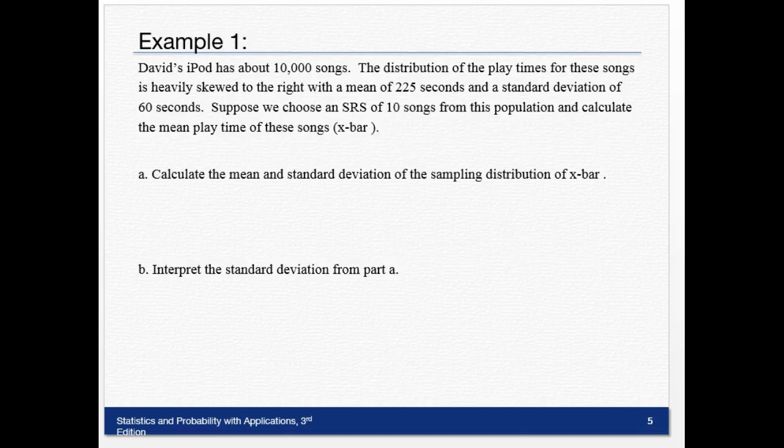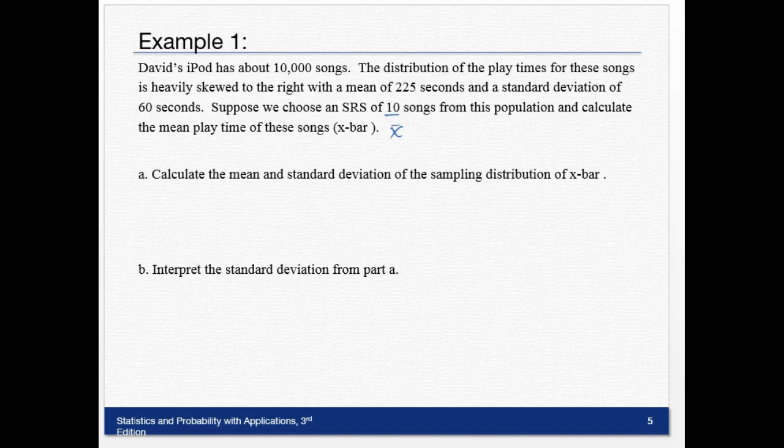All right, example 1. David's iPod has about 10,000 songs. The distribution of the play times for these songs is heavily skewed to the right, with a mean of 225 seconds and a standard deviation of 60 seconds. Suppose we choose a simple random sample of 10 songs from this population and calculate the mean play time of these songs, or X bar, right?